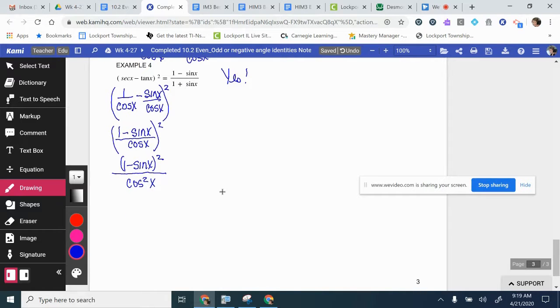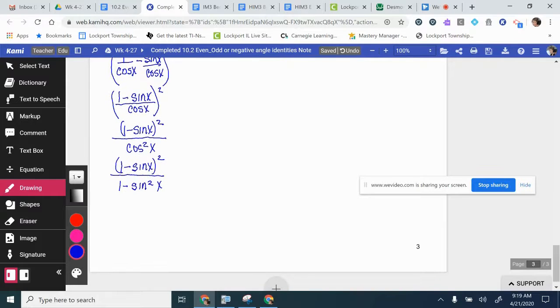This time on my denominator, I have 1 minus sine x squared over 1 minus sine squared x. And I'm going to factor that denominator into 1 minus the sine of x times 1 plus the sine of x.